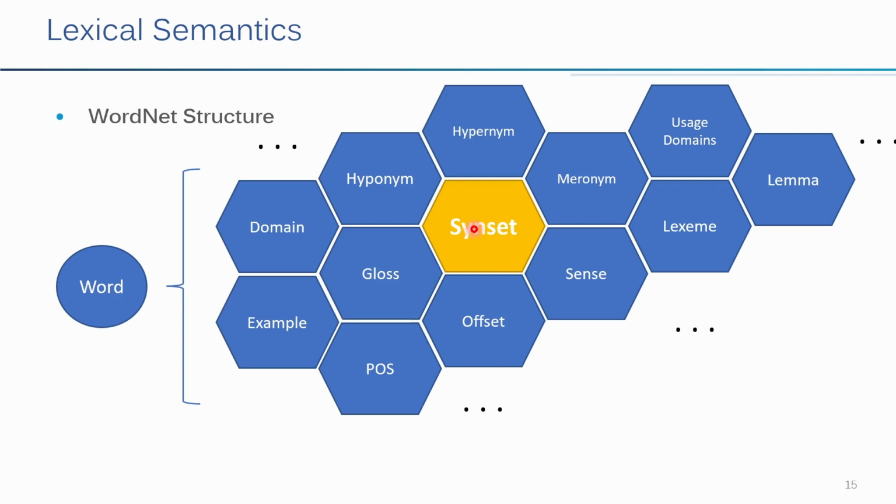But some of them, I would say more than half, do have a purpose and a meaning. For example, associated with the word, you have hypernym, meronym, gloss, which is an example, the domain of that use, the part of speech. Most of them have an example of how to use their lemma, and so on and so forth.